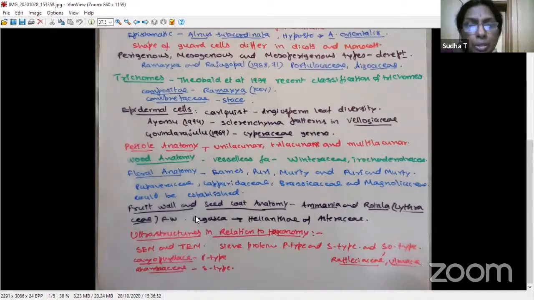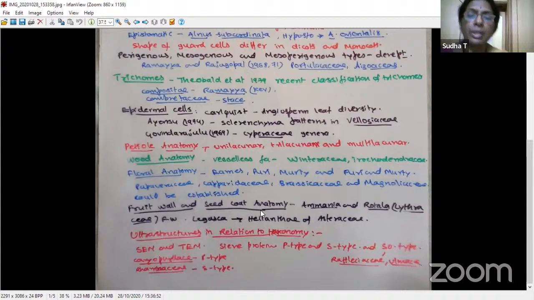One of our contributors for the textbook, Pullaiah sir from Sri Krishnadevaraya University, Anantapur, studied the seed coat anatomy of this Legasca and suggested it needs to be retained in Heliantheae of Asteraceae, even though it is a homogamous head.